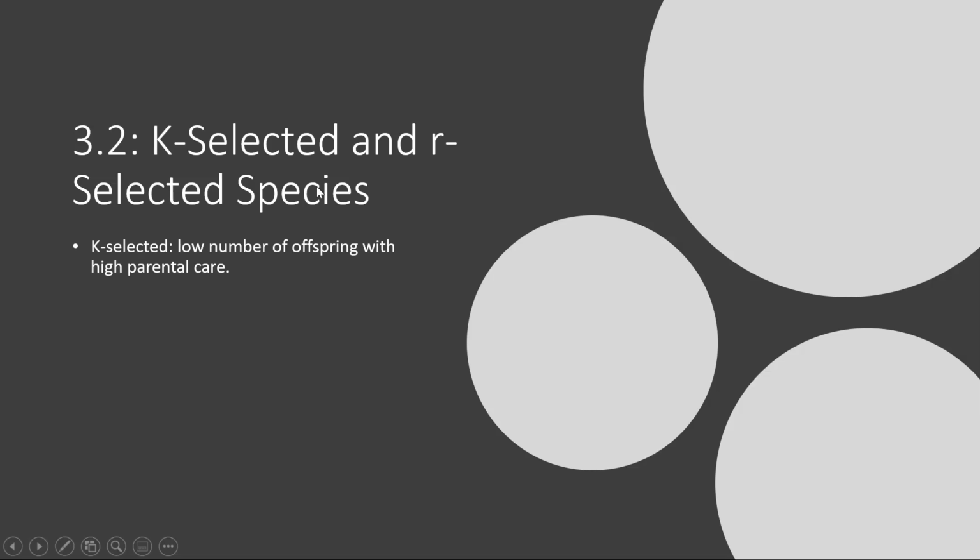All right, so our new topic though, K-selected and R-selected species. So a K-selected species would be a type of species that has a low number of offspring, right? And therefore compensate for those low numbers of offspring by having high parental care. So they're not going to have a lot of children at one time. And so what they do is they care for those children to help them survive to adulthood.